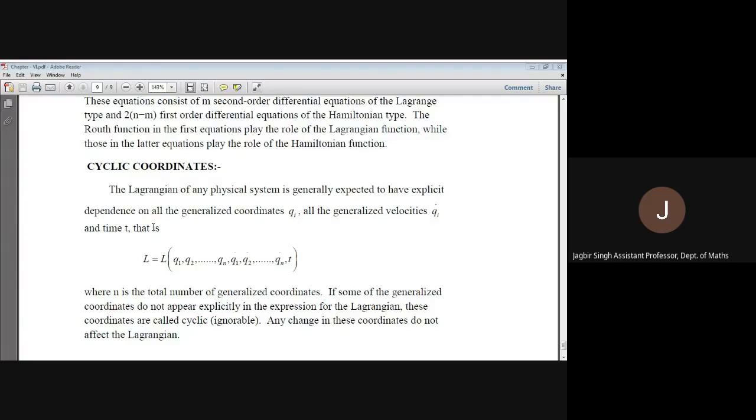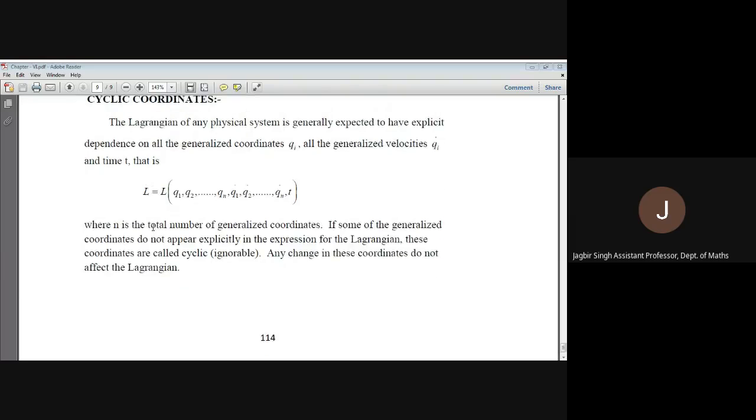It means that if we can skip those coordinates, we can ignore them, and they are known as cyclic or ignorable coordinates.